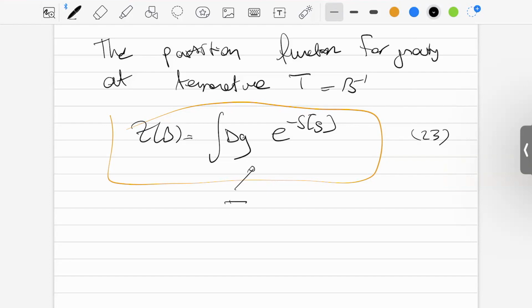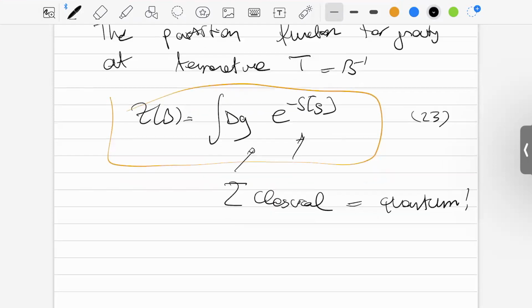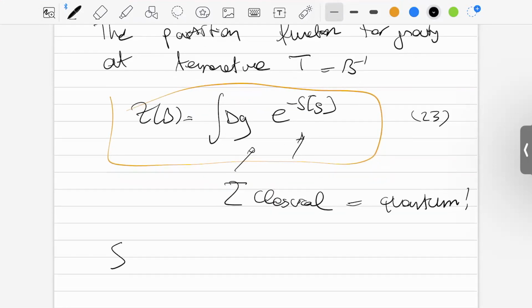Sum of classical is equal to quantum. Here I am integrating classical things, like the action on the right hand side, and then on the left hand side I will have a quantum object, a partition function, or some transition amplitude, and so on.